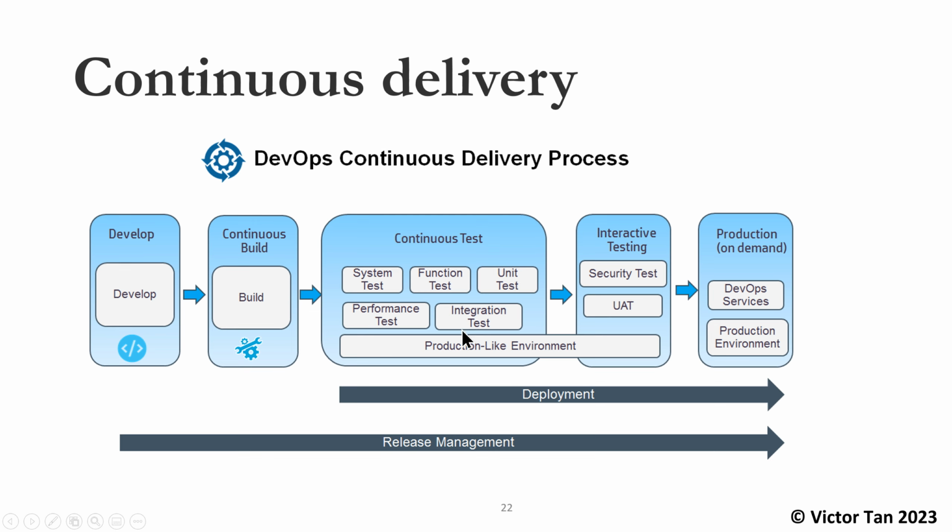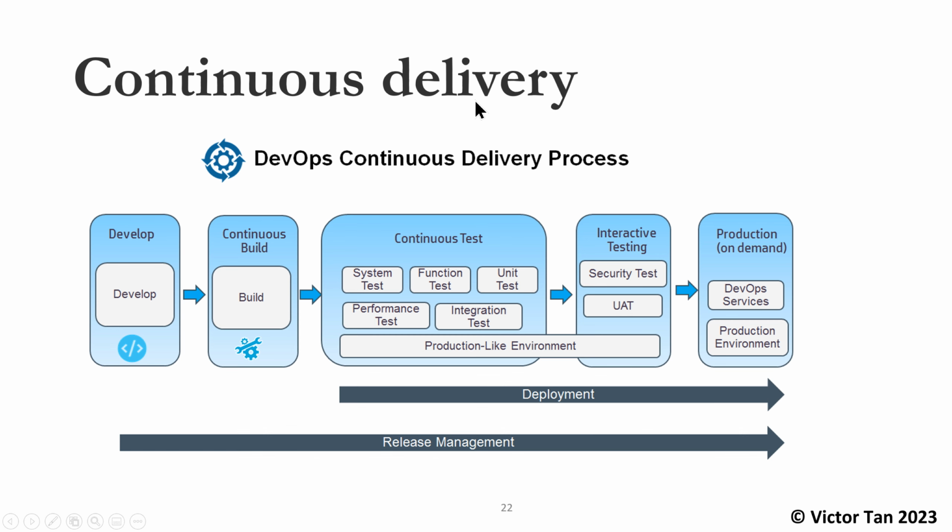Other than your integration tests, system tests, functional testing, performance testing, load testing, there are literally hundreds of different kinds of testing you can do. You're just going to do all that testing in the staging environment. And then when everything has passed, somebody's going to sign on a form, and then the code gets deployed onto the actual production server, and your clients start using it. Okay, so that is continuous delivery.